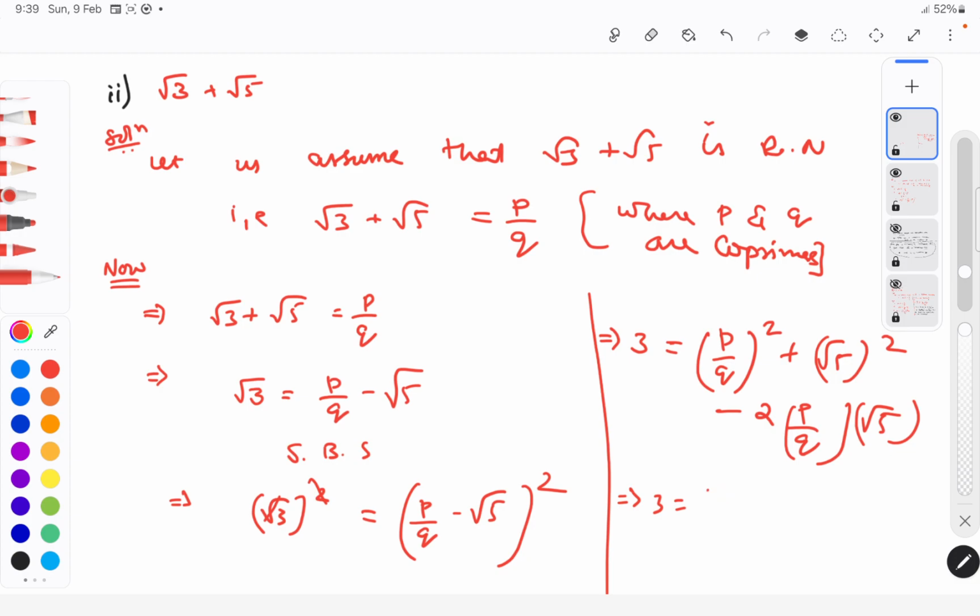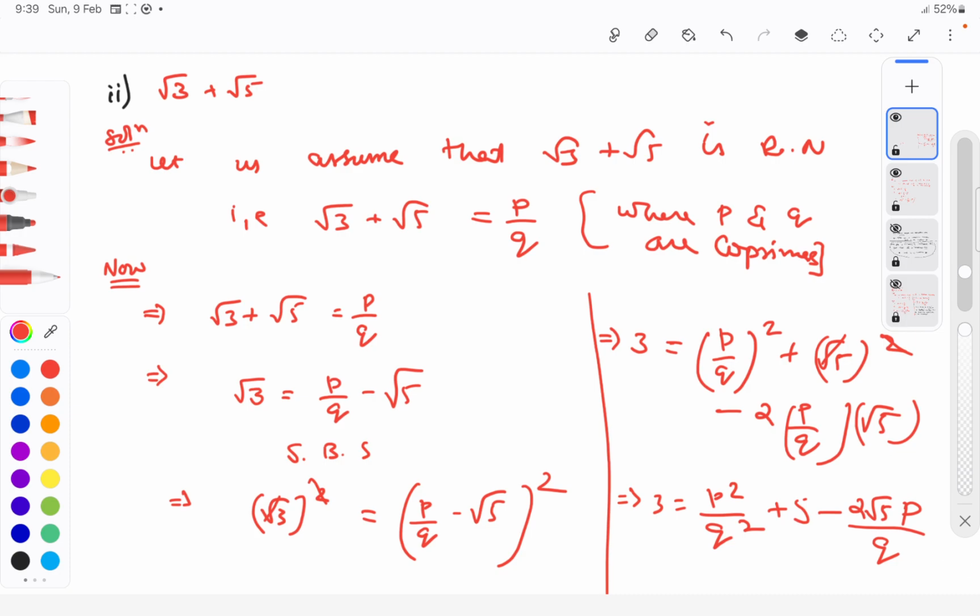Okay. Now we should simplify it a little bit. (P by Q) whole square will be P square by Q square. Root 5 whole square, the square and square root get cancelled, so it will be 5. Then 2 root 5 into P divided by Q, because between every term there is multiplication. Right.